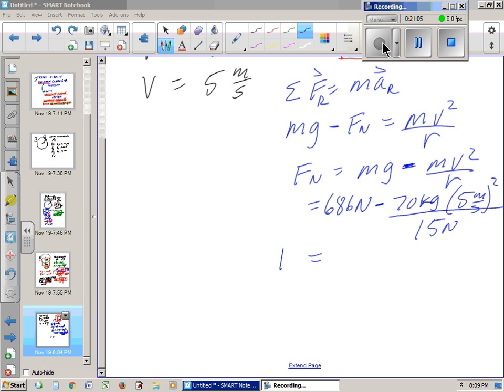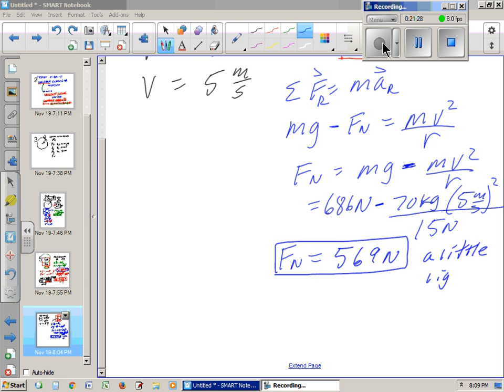I double checked it, and what we find out here is that his normal force, or the weight he feels he is, is down to 569 newtons. So what does that mean? He feels a little lighter. So just kind of a little bit of floating feeling maybe, because he feels lighter.